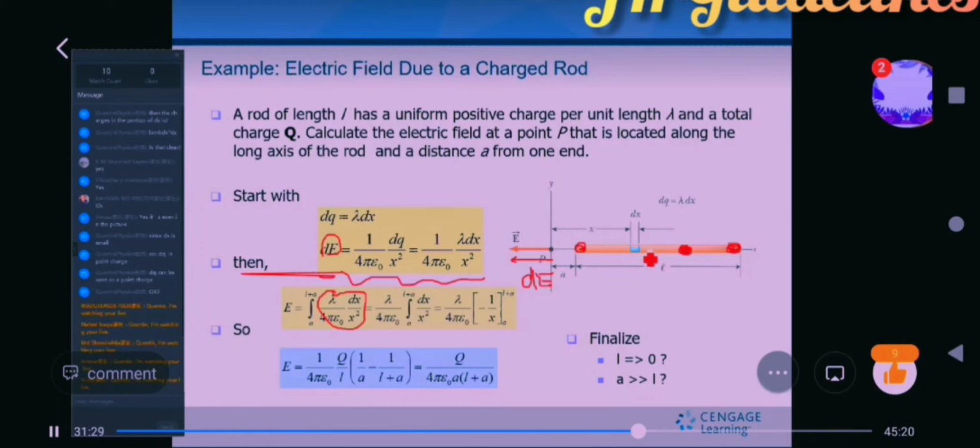For example, the red and the blue, what's the difference?